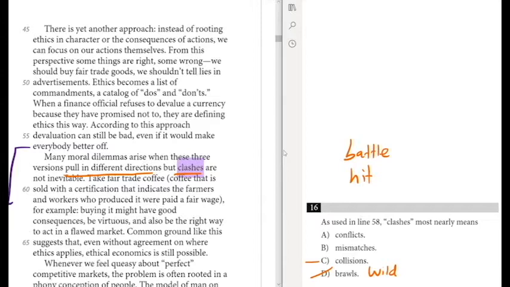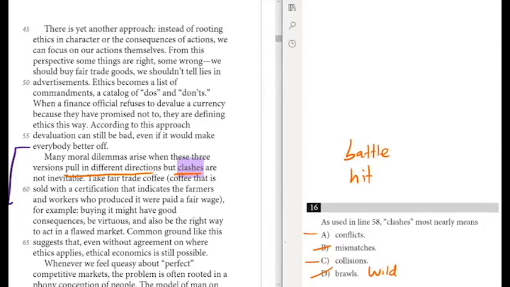A mismatch could be something a little bit different, because we already know that the versions pull in different directions. So in other words, they already don't match. So that was mentioned already. So it wouldn't make sense for them to mention it when they use the word clashes. So we can easily get rid of mismatches. And conflicts could be the word as well.